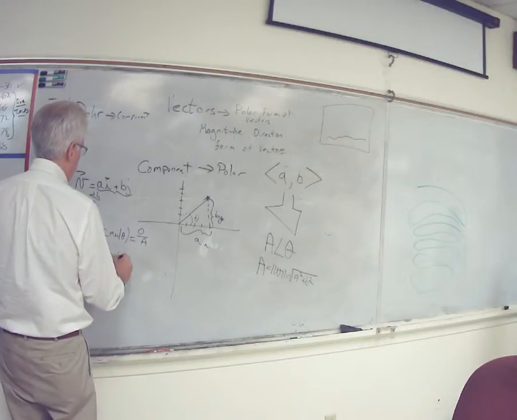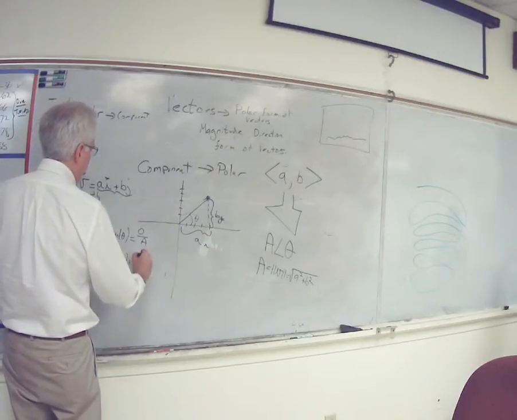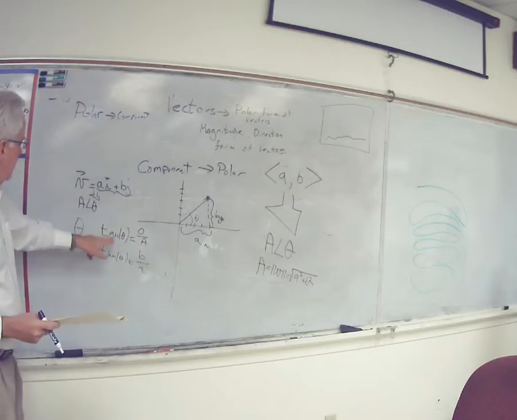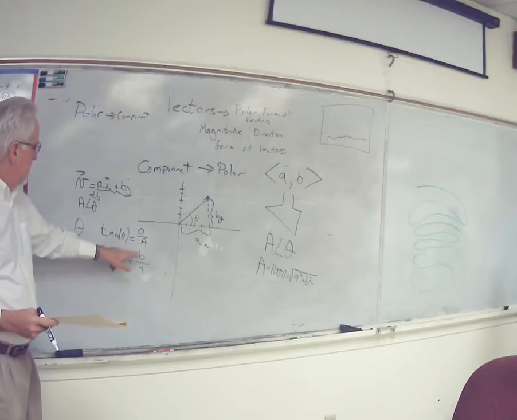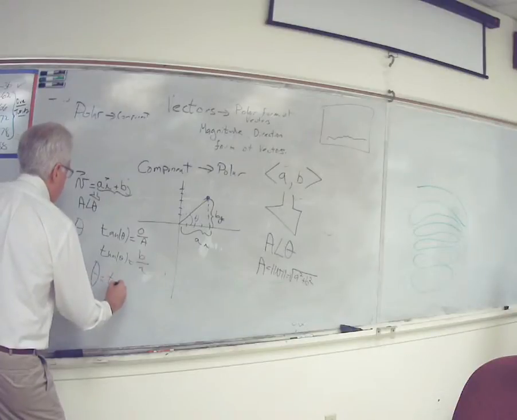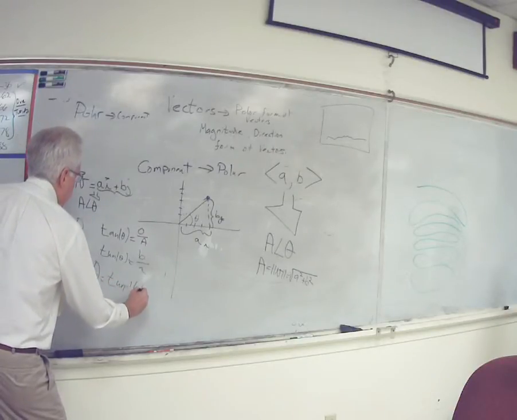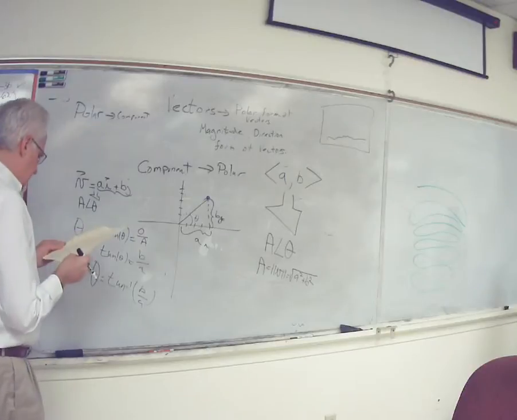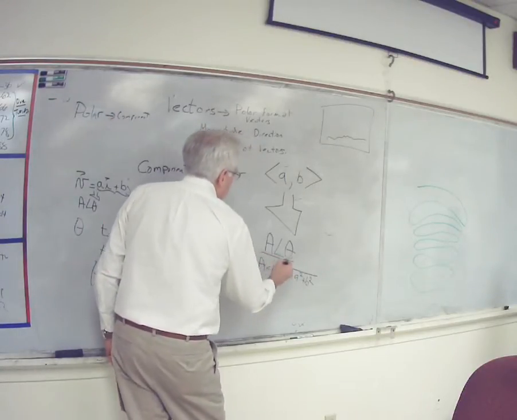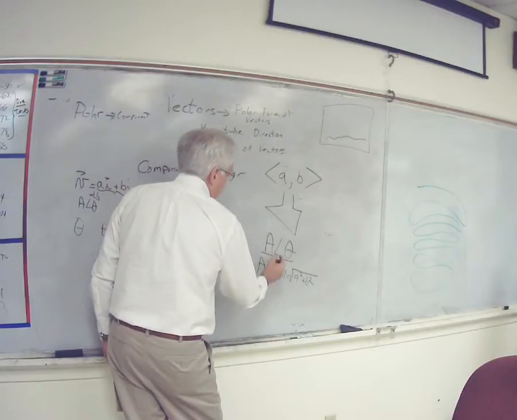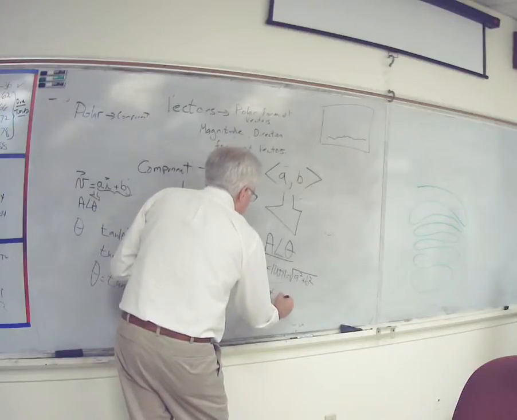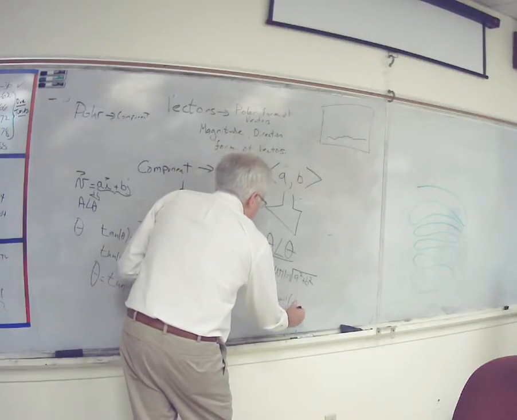So tan of the angle is the opposite, which is B, over the adjacent, which is A. So theta is equal to tan inverse of B over A. So here I need a magnitude at a certain angle, and theta is tan inverse of B over A.